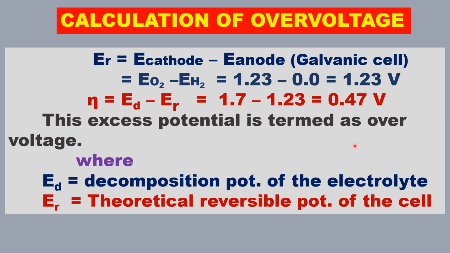This excess potential is termed as over voltage or over potential. Where Ed is the decomposition potential or deposition potential in the case of metals of the electrolyte, and Er is the reversible potential of the cell obtained by using the Nernst equation.